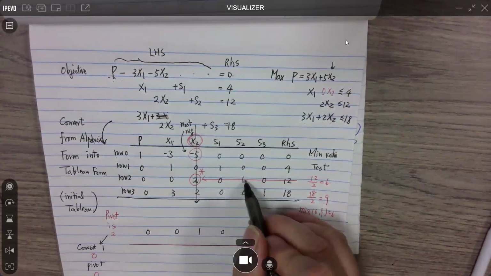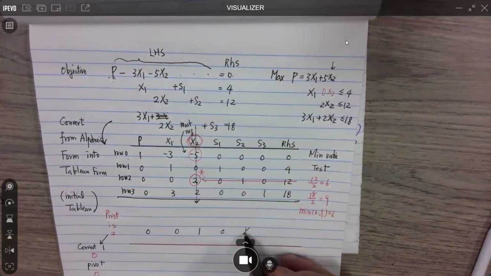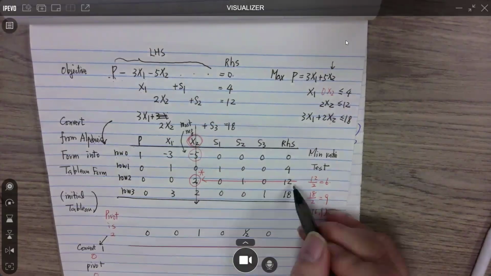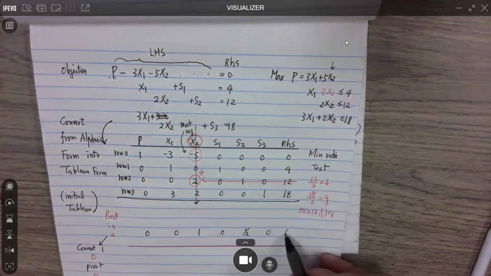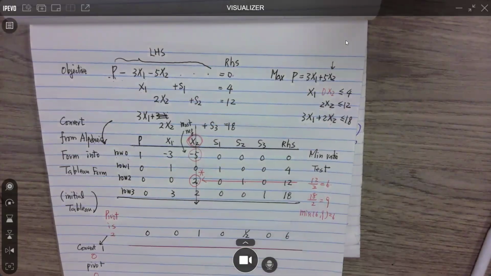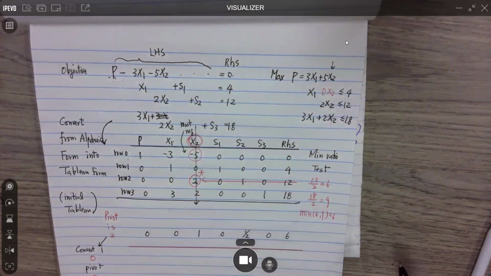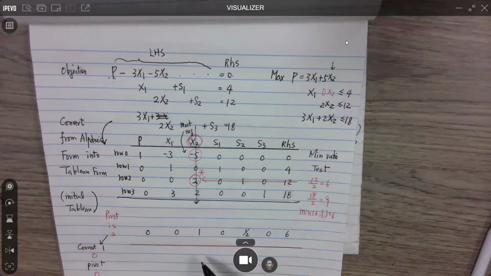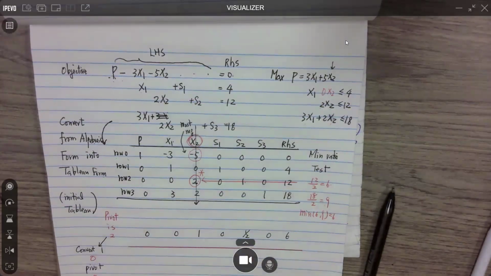How about this one? This will become 1/2. 0 divided by 2, this is 0. 12 divided by 2 is 6. And what happens next? I want to make sure everything above and below becomes 0.